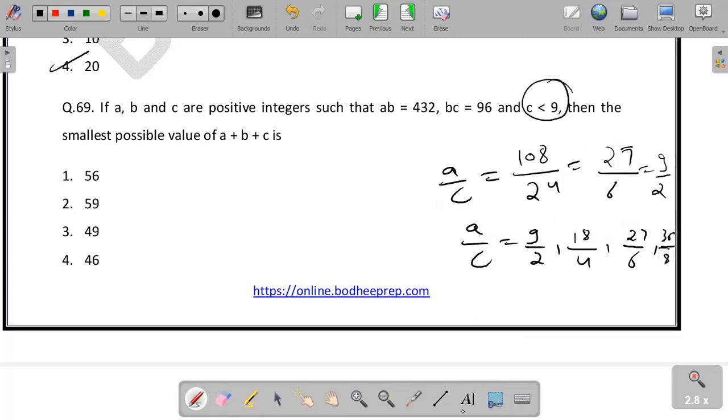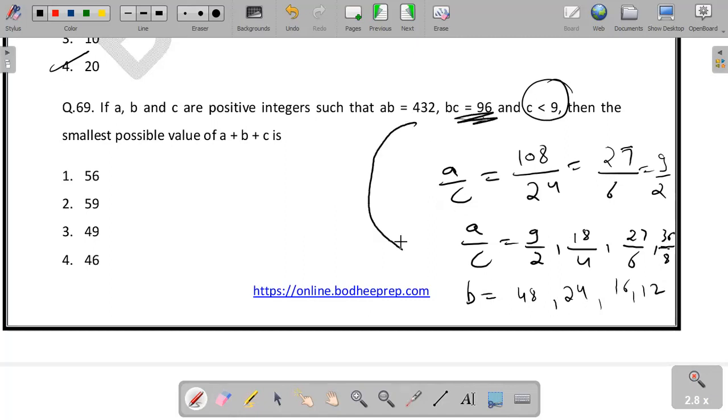C should be less than 9, so I'm not going beyond these choices. Here I'm assuming, okay, so A, B, C are positive integers. So if I take A to be 9, if C is to be 2, then let's see what B is. यहाँ पे क्या होगा 48, okay, and यहाँ पे क्या होगा 24, fine. यहाँ पे 6, यहाँ पे and 12. So we are using this equation.